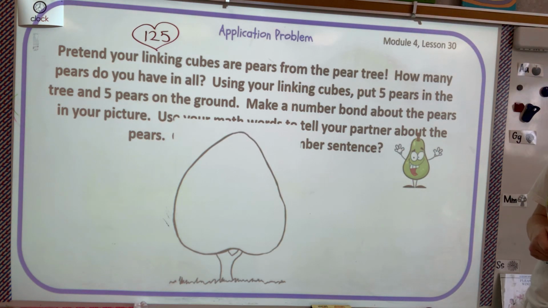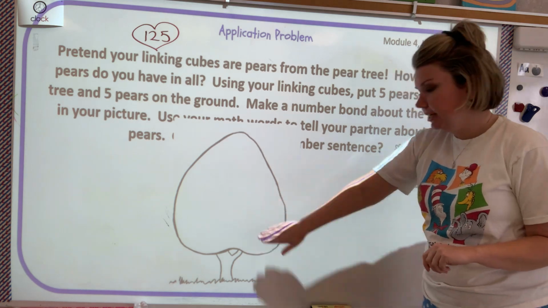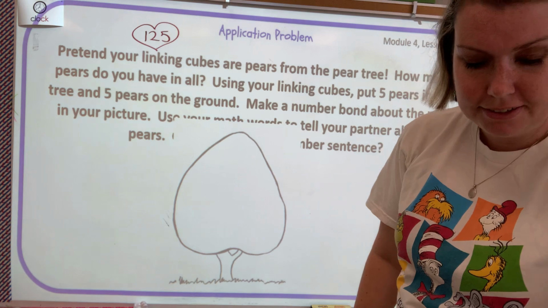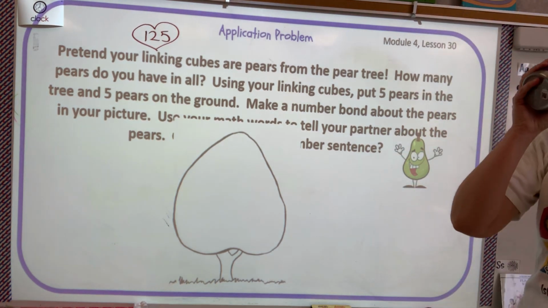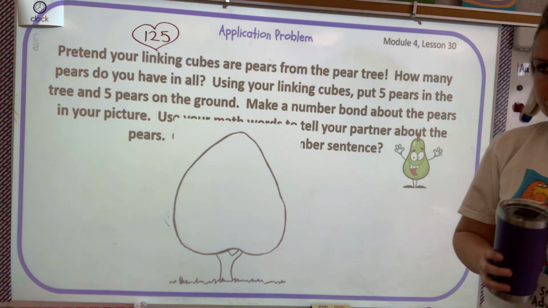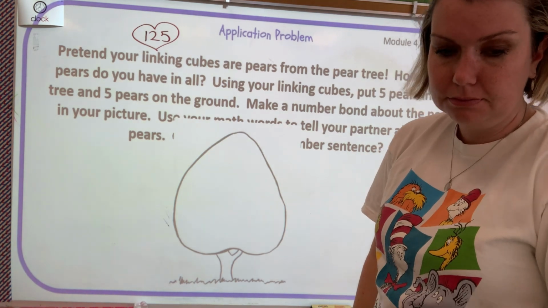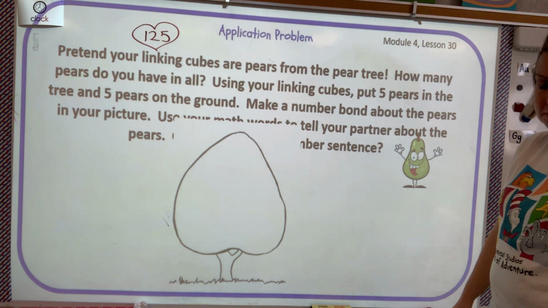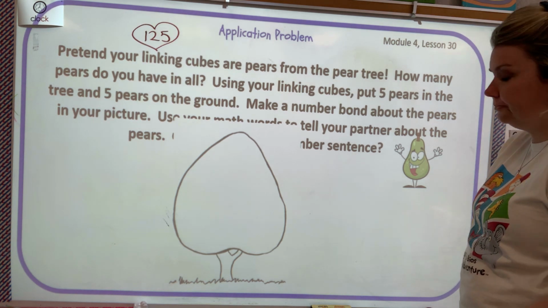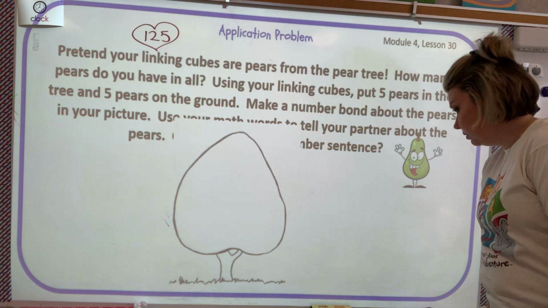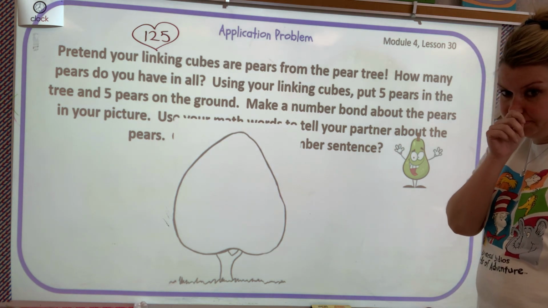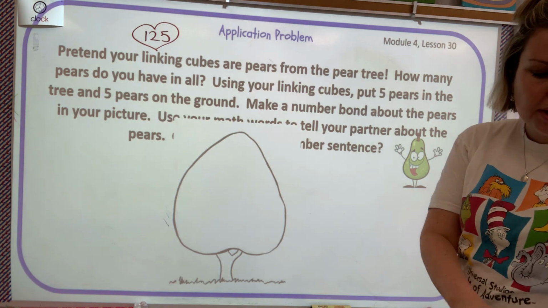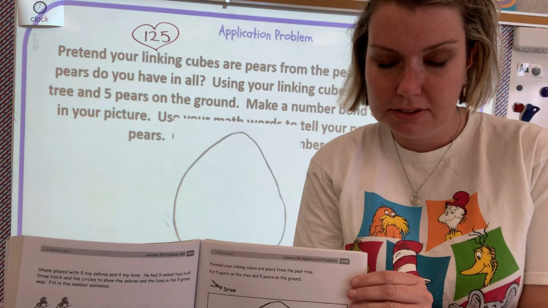When everybody's on the page with the tree, give me a thumbs up. All right, looks like most of our friends are ready. Don't get confused with 129 because that's the template we'll need. Yeah, that's why I showed what the page looked like.